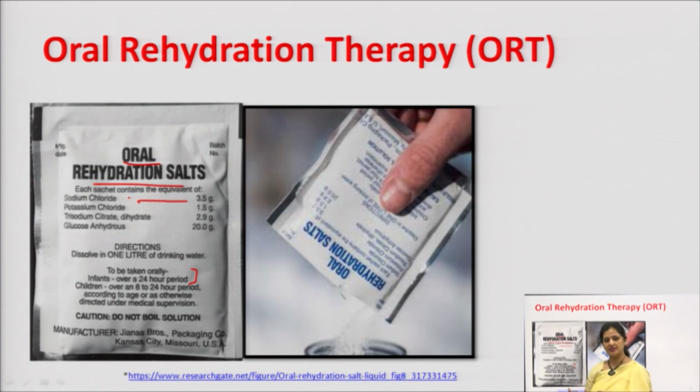It can be repeated in a day, meaning 1 liter you have taken, again if it is required, you can make another 1 liter, and again if you require, you can make another 1 liter, according to the age or as directed under medical supervision. Besides that, we are not supposed to boil this solution. We have to take boiled cooled water, add this salt to it, and then administer it to the patient who is suffering from dehydration.